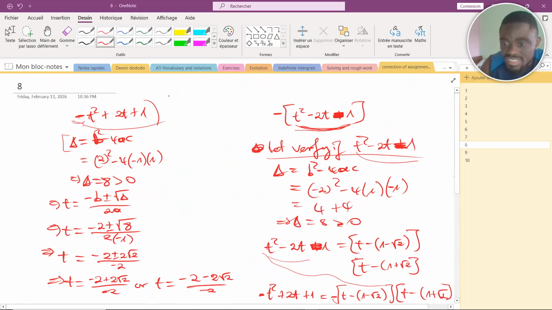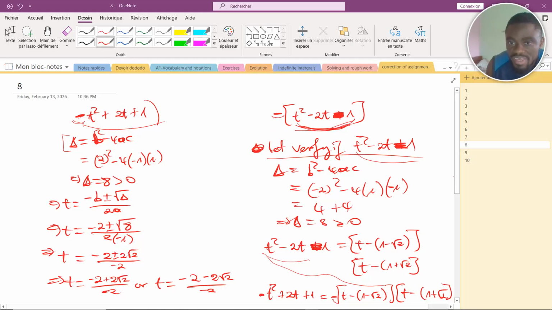So this is a very important thing, I'm telling you. When you have a quadratic expression and there is a minus outside here, never go directly and calculate delta. Never do that error. First put the minus outside.